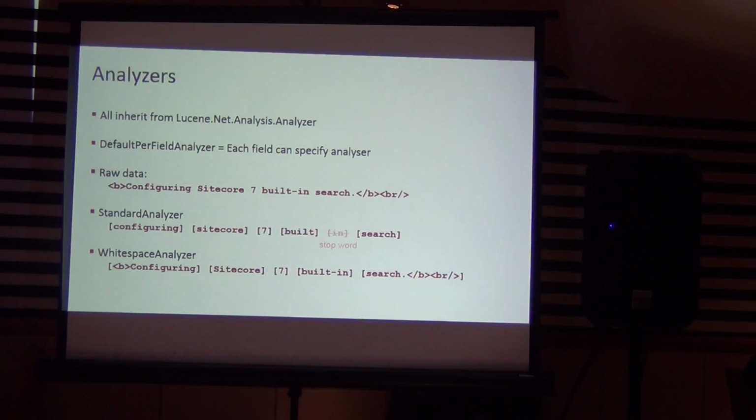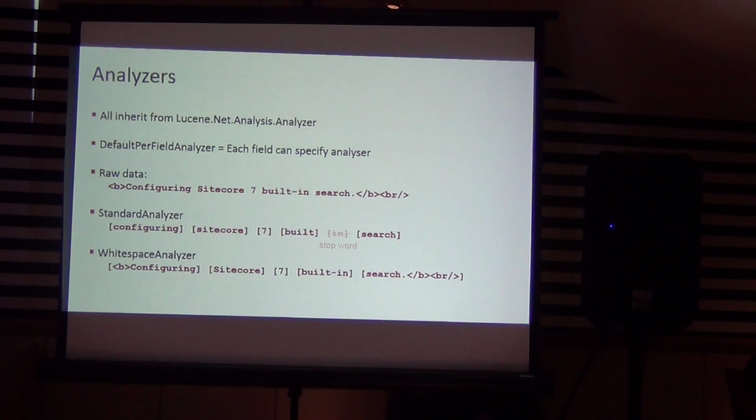For the Lucene setup, when you're using the Lucene search provider, you can use a Lucene analyzer, so you don't have to write your own for everything. You can actually look in the backlog of Lucene.net and see what sort of stuff they have.